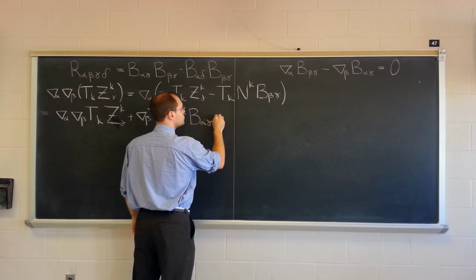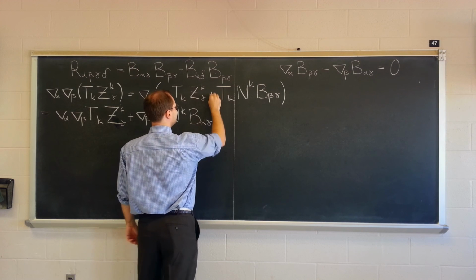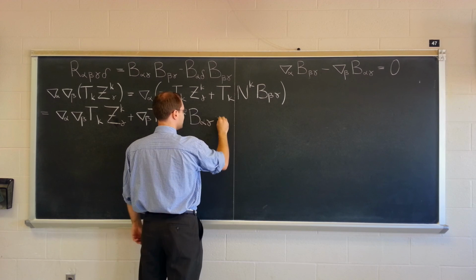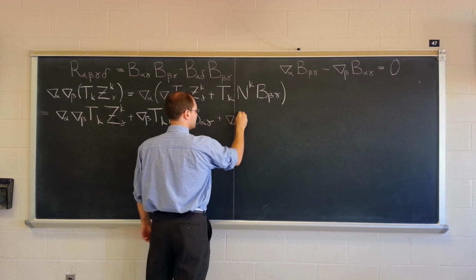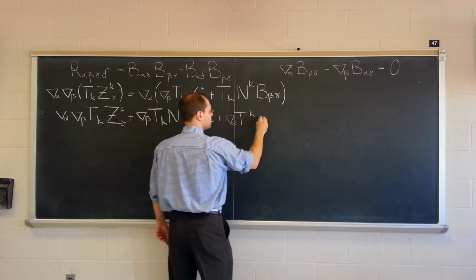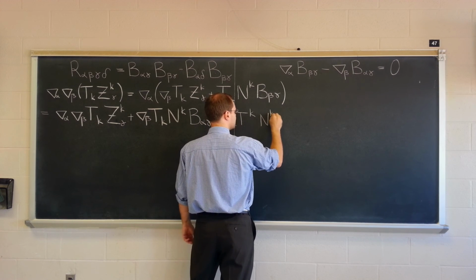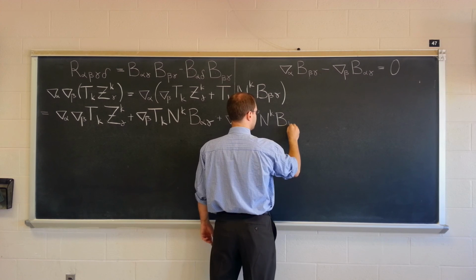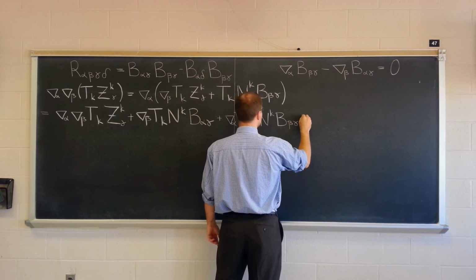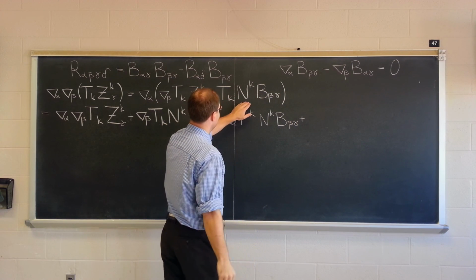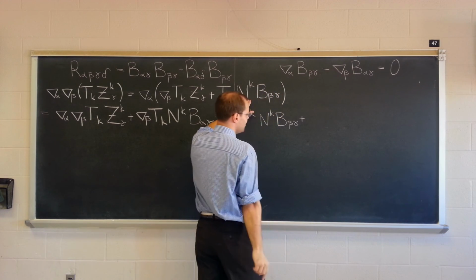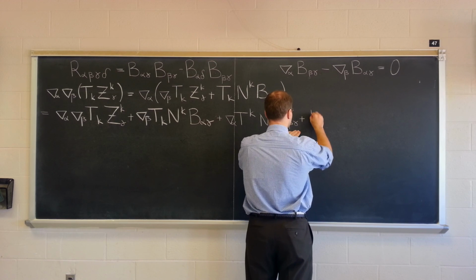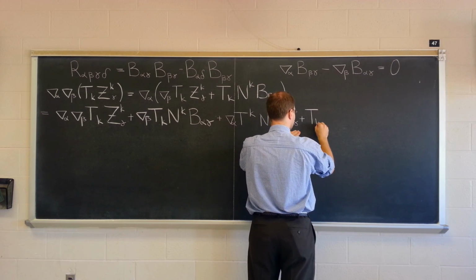Okay, moving on to this term, with a plus sign. Moving on to this term, we have the derivative first applied to t sub k, and the other 2 terms are unchanged, B beta gamma, plus the derivative applied to n sub k. So maybe this plus was a little bit premature, you'll see in a moment why, but it's t sub k.